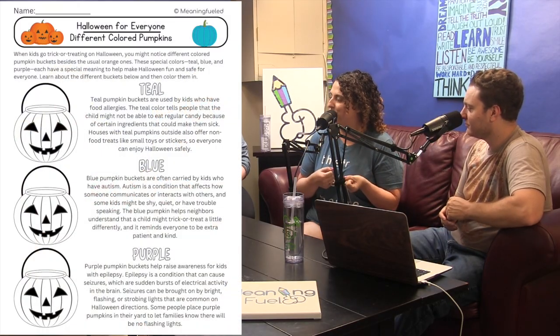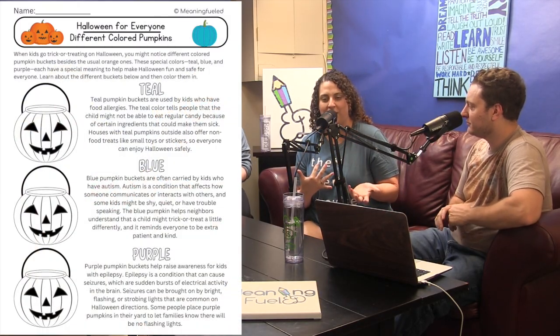So in addition to the national days, every day we also have holidays for kids to learn about if they don't celebrate them, to learn the history of if you do celebrate them, to learn a little bit more about them. So I really love what we did with Halloween this month in terms of learning the history and the Celtic origins of Halloween, but also the different ways people celebrate it today by maybe carrying different colored pumpkins while they're trick-or-treating and what those different colors might mean.